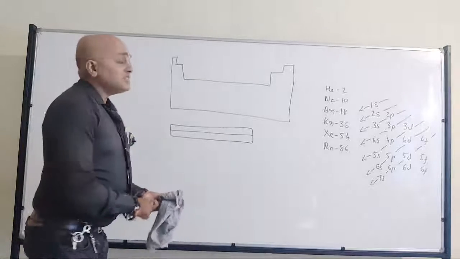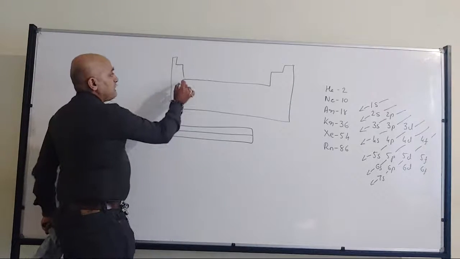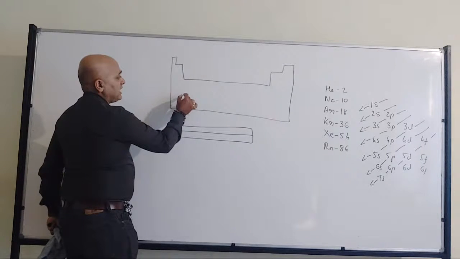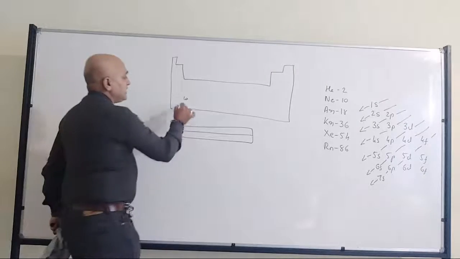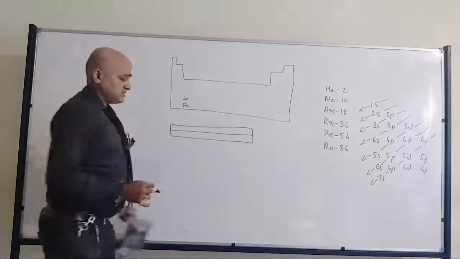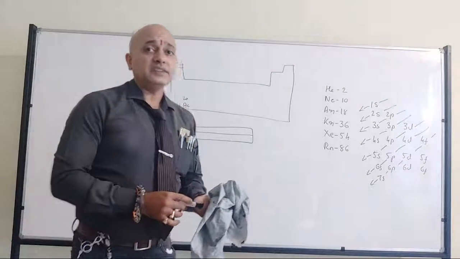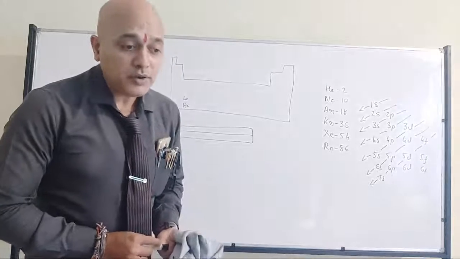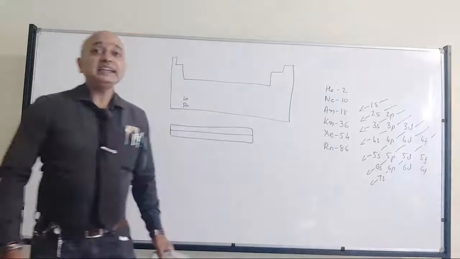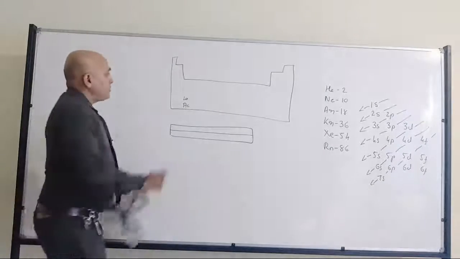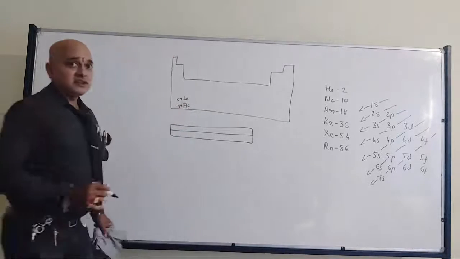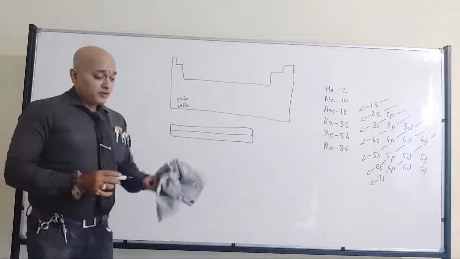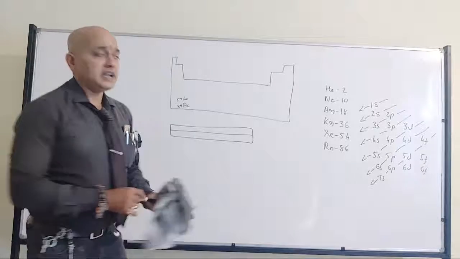Now if you observe it carefully, after group 3 we have the lanthanides and then the actinoids. That means I am talking about atomic numbers 57 and 89. After that, 14 elements are shown at the bottom.